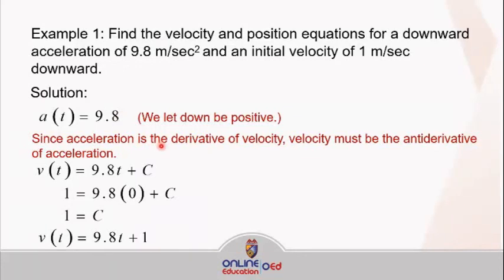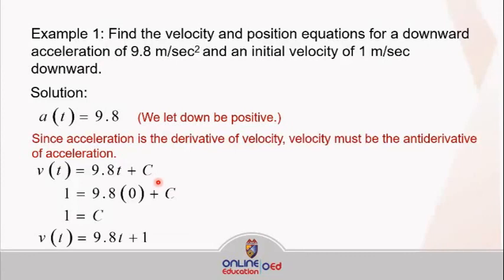Since the acceleration is the derivative of velocity, velocity must be the antiderivative of acceleration. For this problem, the formula we will use is the velocity with respect to gravity. v of t is equal to 9.8t plus c. So that's the acceleration times the time, plus the value of c.